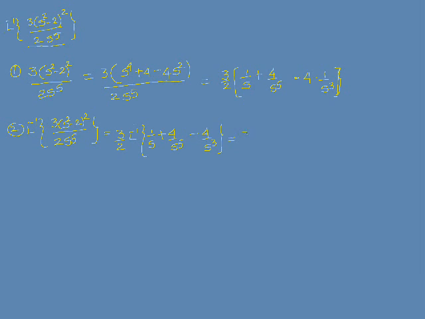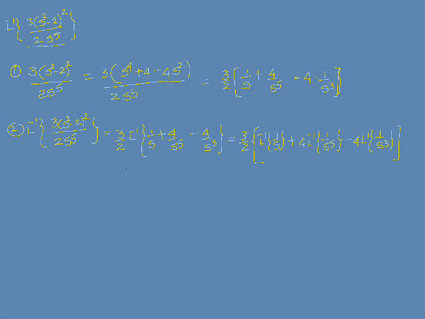This is nothing but 3 by 2 into L inverse of 1 by s plus 4 into L inverse of 1 by s power 5 minus 4 into L inverse of 1 by s cube.